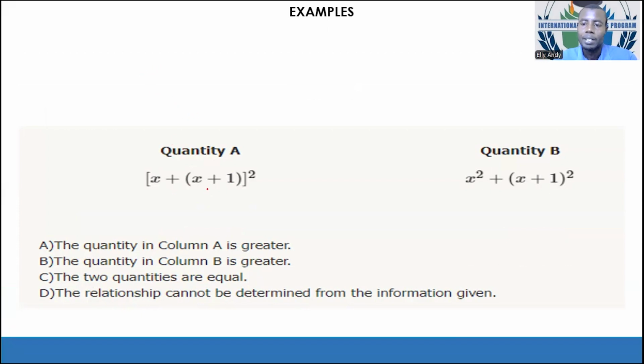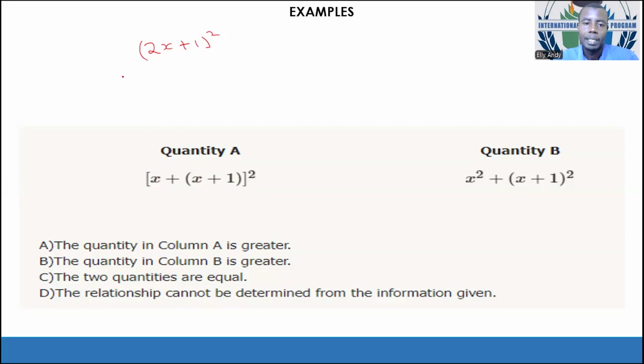Looking at this, you really can't know, because this is not something you can compare without further simplification. So let's try and see how we can simplify them. Let's start with the quantity A. We have X plus X into bracket. This one we can have as X plus X, that will be 2X plus 1 squared.